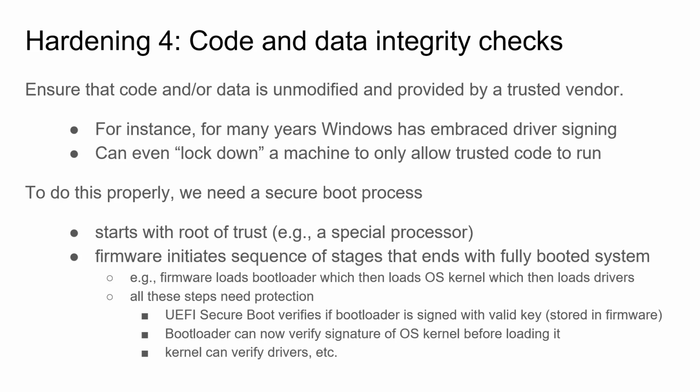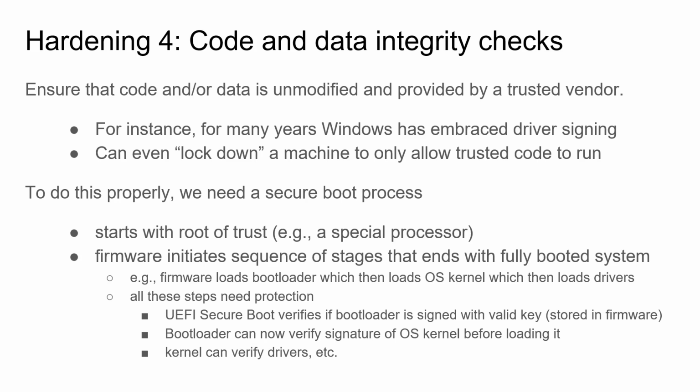To do so, of course, you need some secure boot process that tells you that this is a system that runs only trusted code. And the secure boot process is complicated. It starts with a root of trust, maybe some special hardware, and then that firmware initiates a sequence of stages, right?